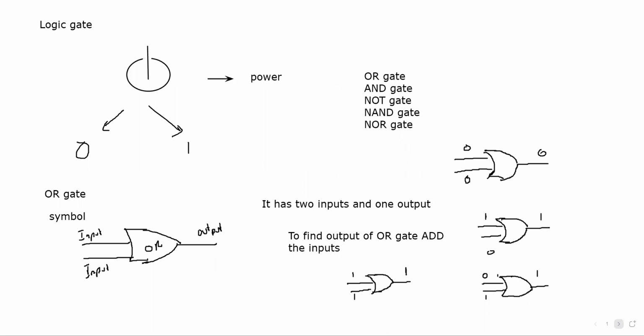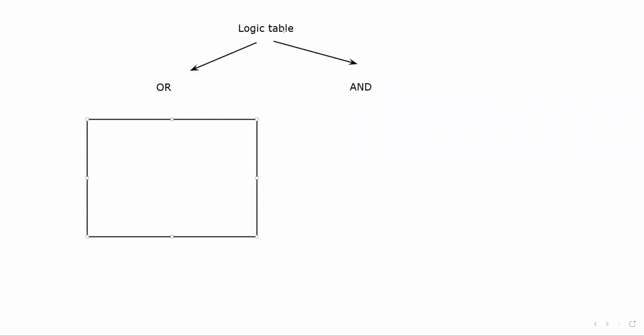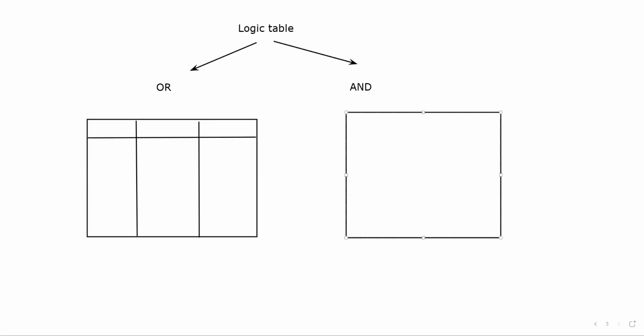So if we draw a logic table, a table which explains the results of input or the relation between input and output, for OR gate and for AND gate, this is known as a logic table or also known as a truth table, which explains the relation between inputs and output.